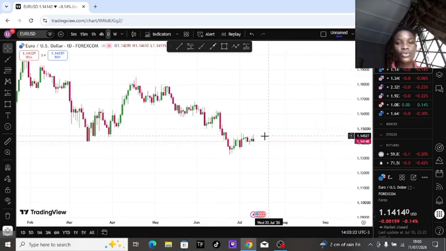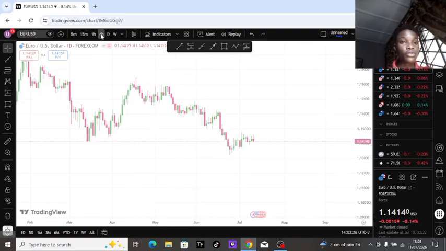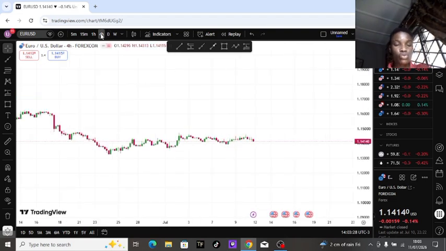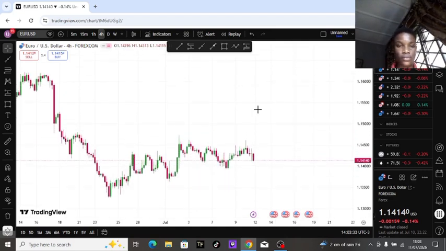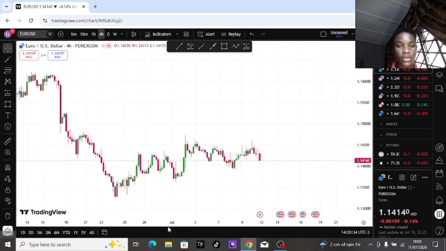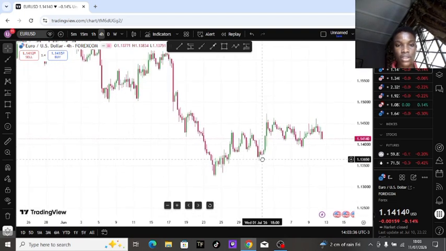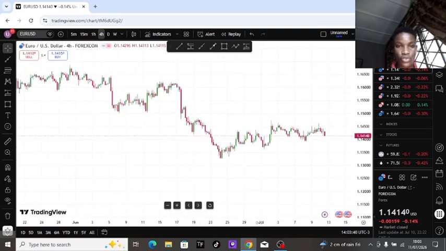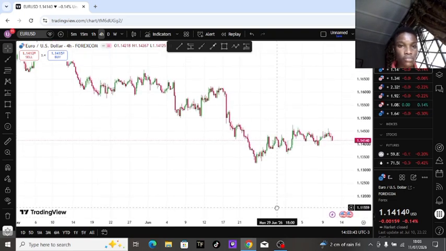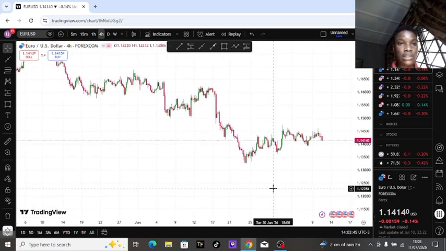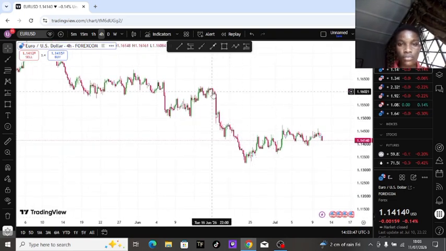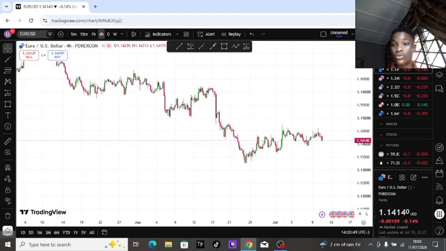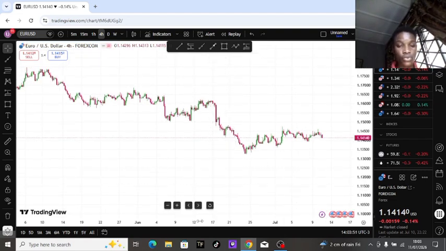We are in a downtrend, so we'll be focusing more on short positions. Now we are on our 4 hour time frame. First of all, let's draw our major support and resistance around right here, which is going to be very useful throughout the week.